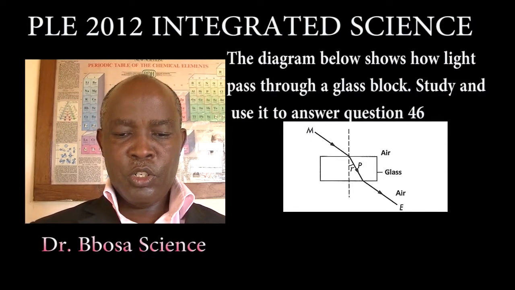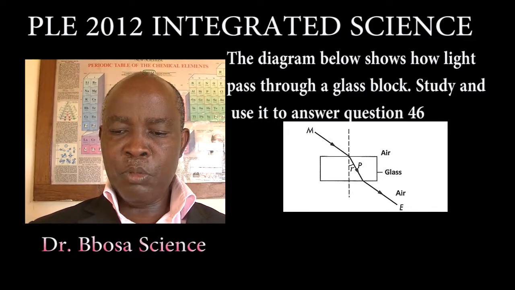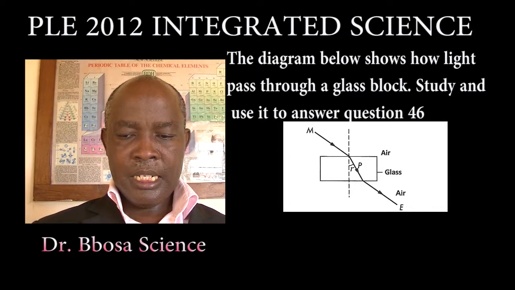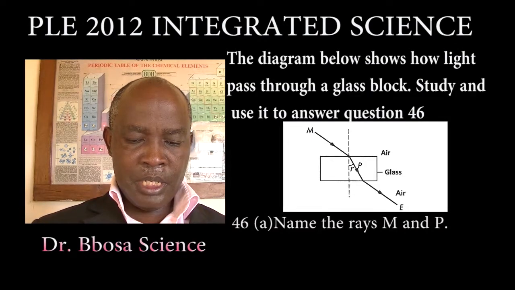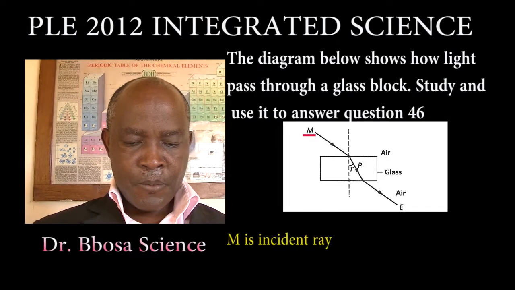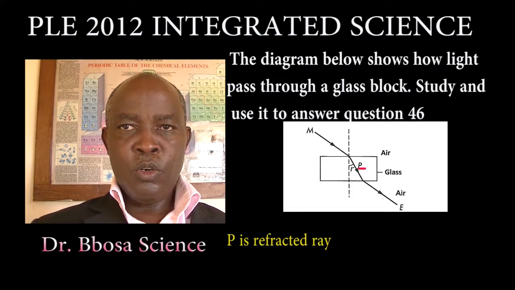The diagram below shows how light passes through a glass block. Study and use it to answer question 46. Name the rays M and P. M is incident ray. P is refracted ray.